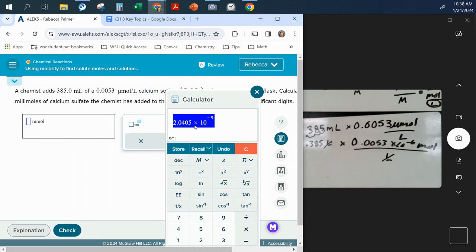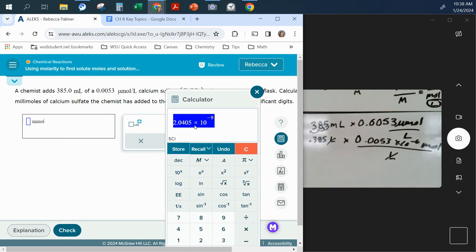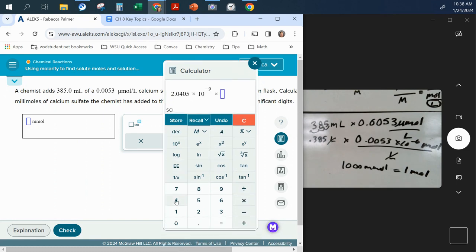Okay. There is 1,000 millimoles for 1 mole. This is moles. Yep. So we're going to times by 1,000. So we're going to multiply by 1,000 to get millimoles.